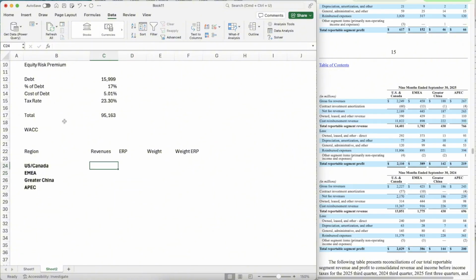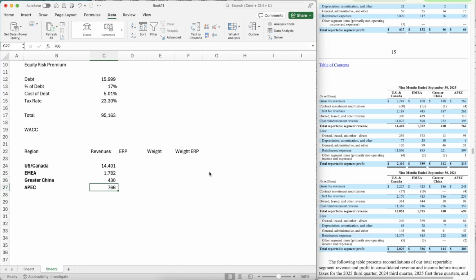The revenues are as follows. 14,401, 1782, 30,766.